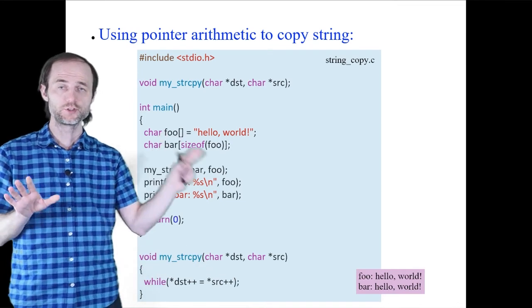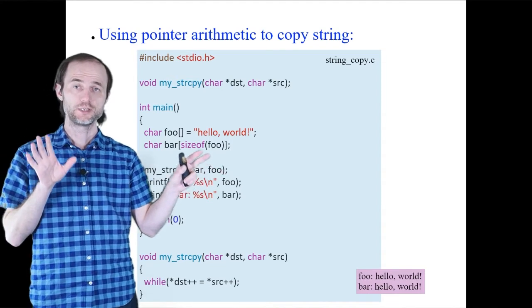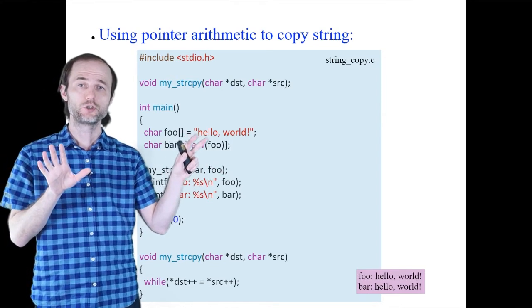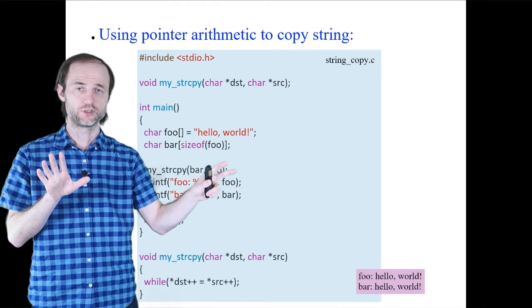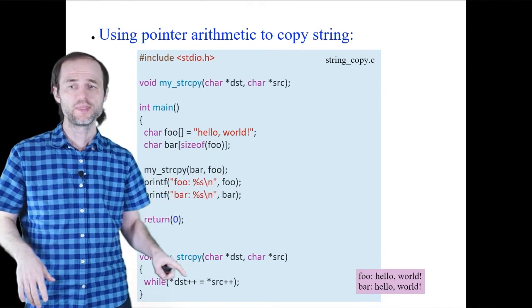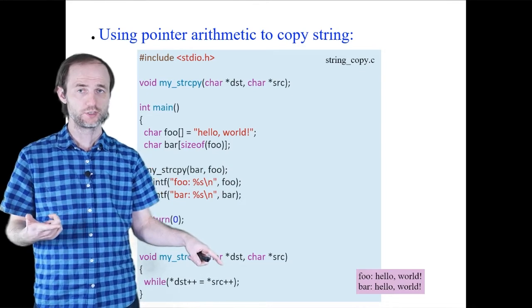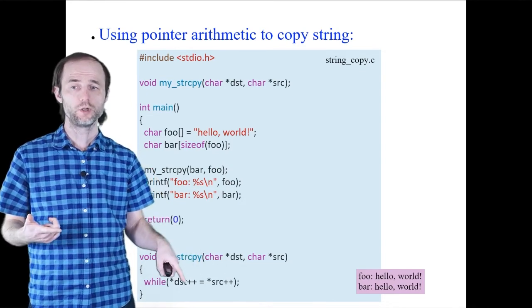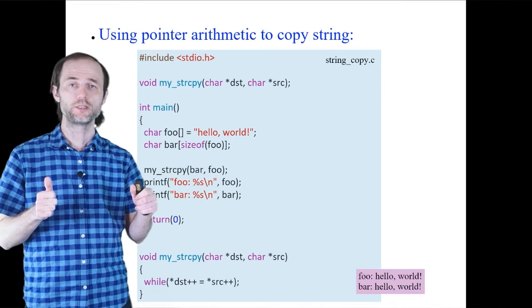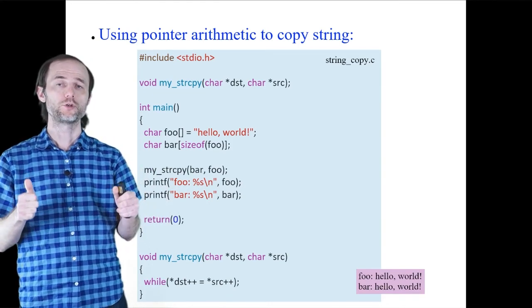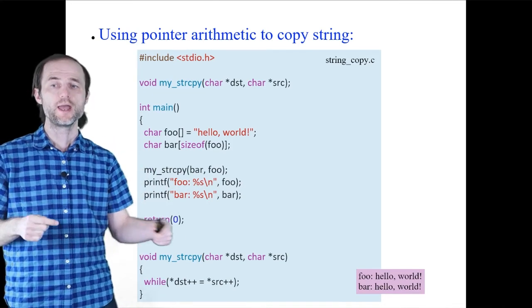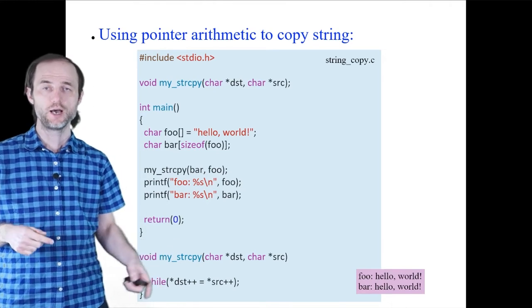So the first element of dst will be assigned the first element of src, which is precisely what we wanted. Then after that assignment, the postfix increment will kick in and will update the pointers by 1, and then we're going to go to the next iteration of the loop.